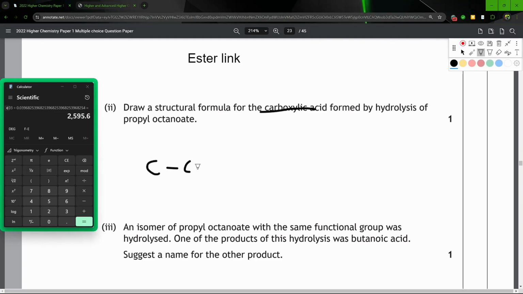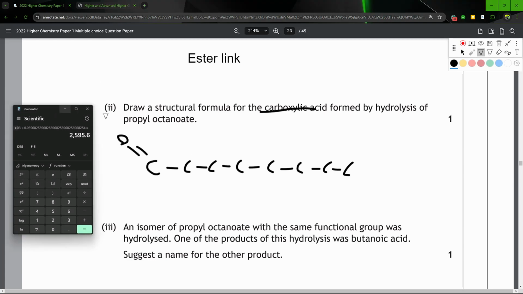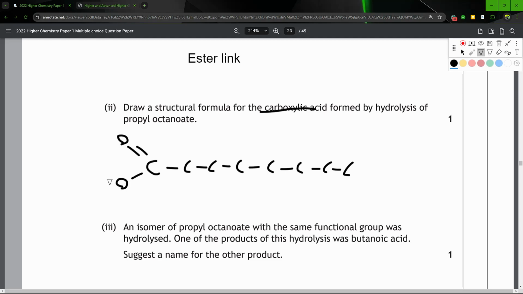So we see C, C, C, C, C, C. Now, because it's a carboxylic acid, we've got to put our carboxylic acid functional group, a carboxyl functional group, which would be this. And then we just need to populate the rest with hydrogens.